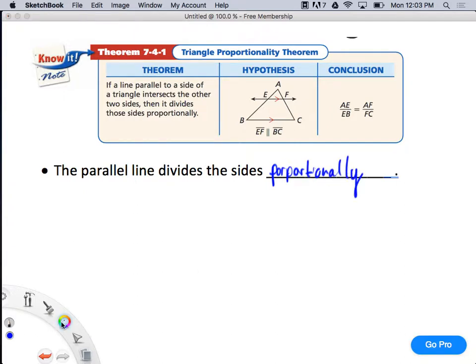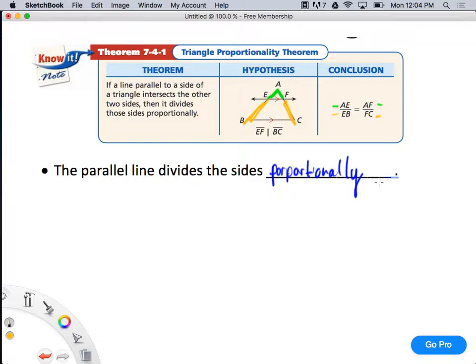What does that mean? Well, the fraction or the ratio of the green here, which is AE, over the yellow, EB, is equal to the ratio of this side here, AF, over FC, which is the yellow. So take a look at this. What is it doing?